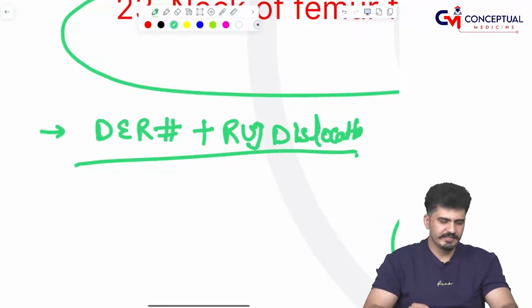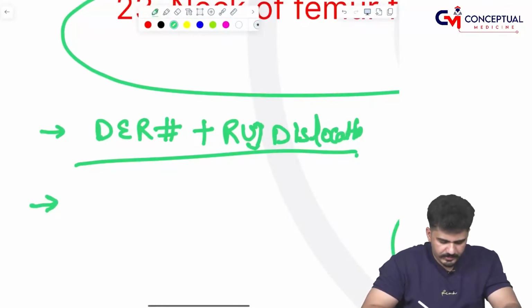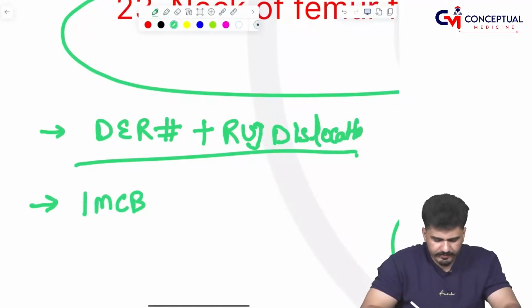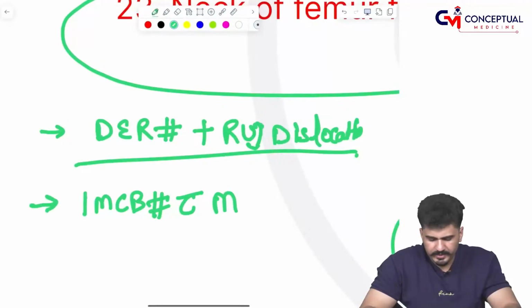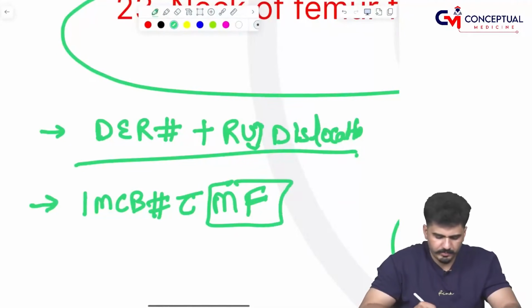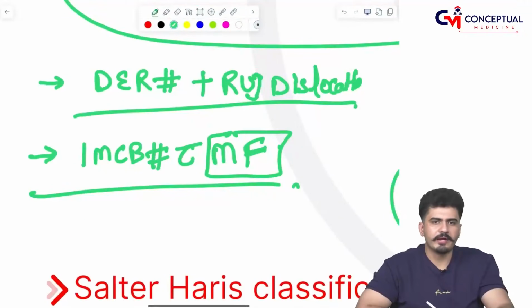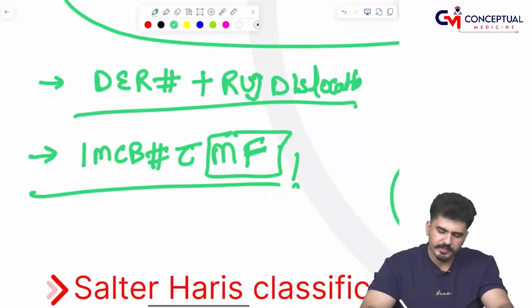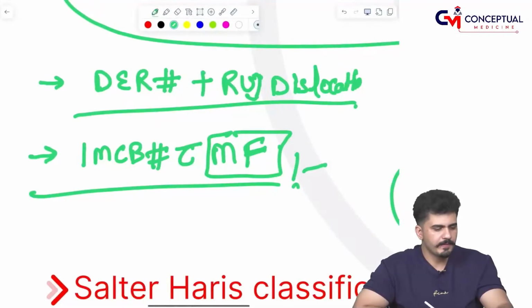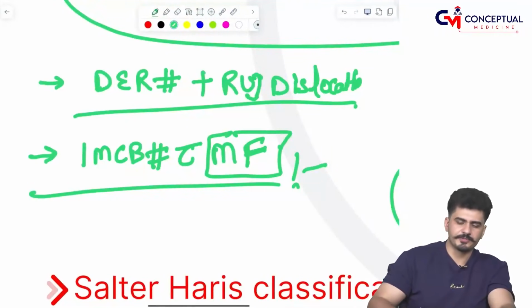This is Galeazzi fracture. Next is, sir, first metacarpal bone getting fractured with multiple fragments. Which fracture is this, sir? Rolando. And if there is only one segment, what will you call it? Bennett's fracture. Very, very good, sir.